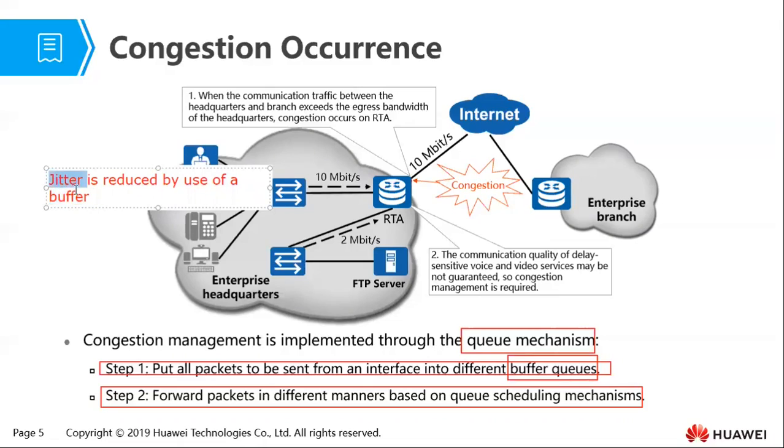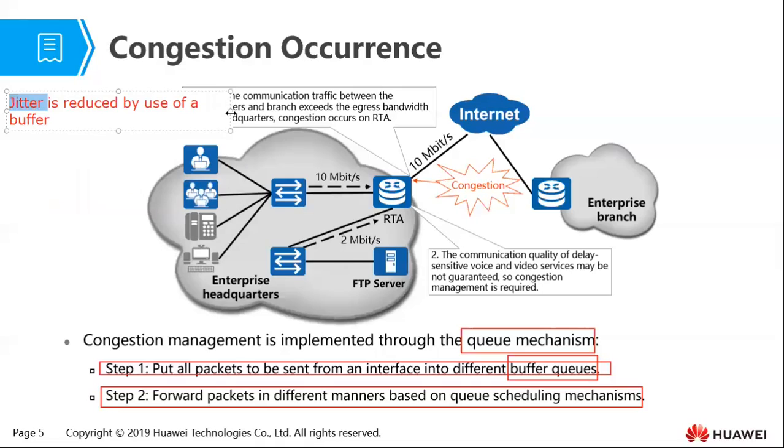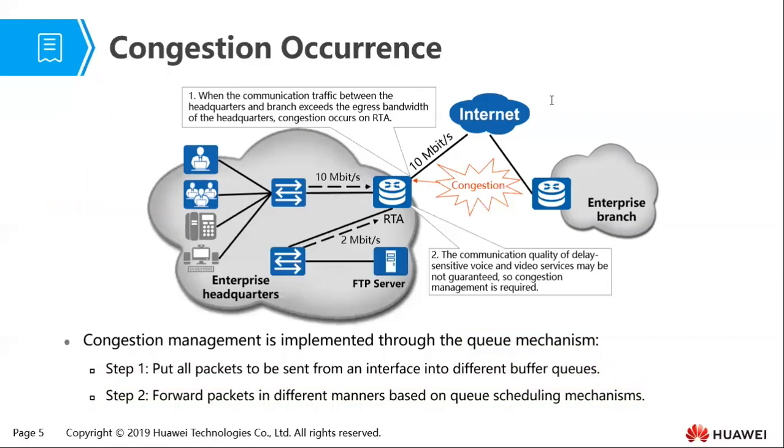So one of the solutions to jitter is to put the packets in buffers. Please remember that. Again, congestion management is implemented through these 2 steps: we put packets in queues, then we forward from the queues depending on the queuing mechanism that we are using.